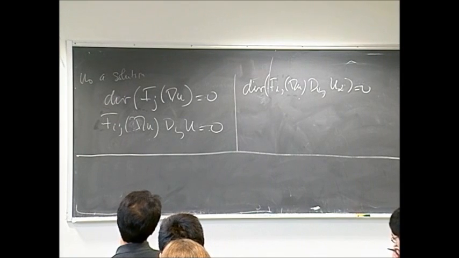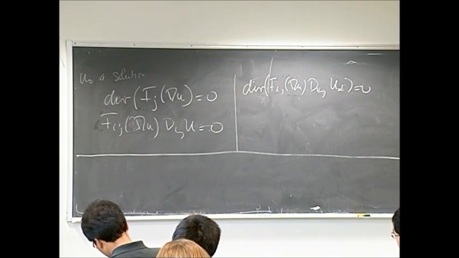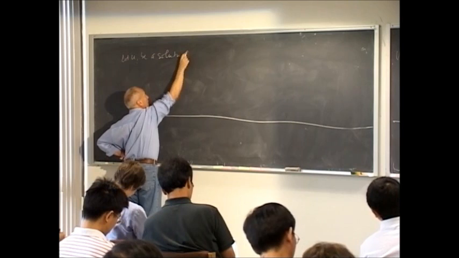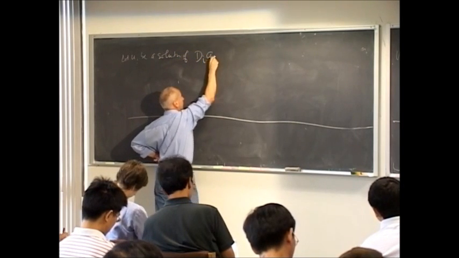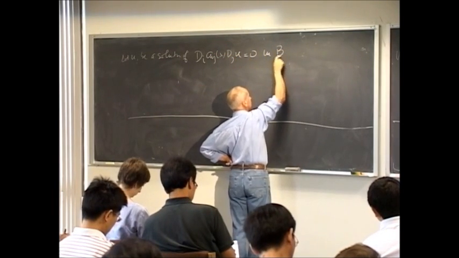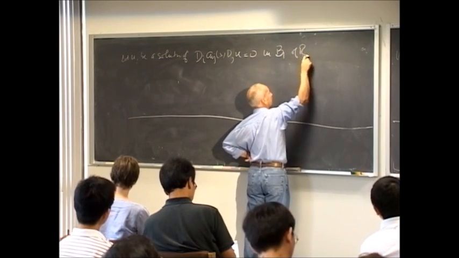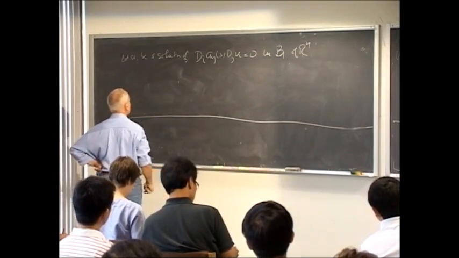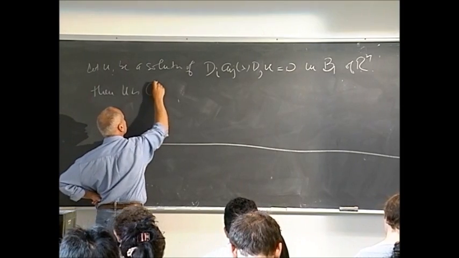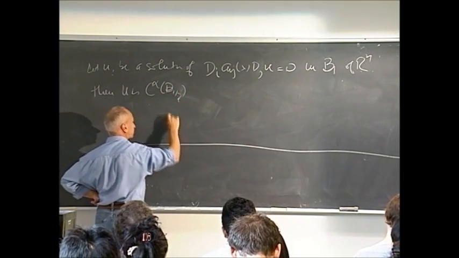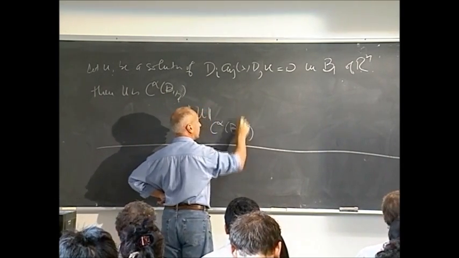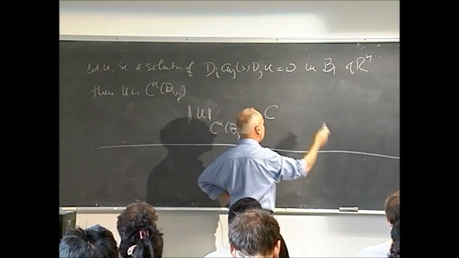It says that if you have a solution u, so let u be a solution of D_i(A_ij(x) D_j u) equal to 0 in B_1 of R^n, then u is C^alpha in B_{1/2}, and the C^alpha norm of u in B_{1/2} is bounded by a constant that depends only on the ellipticity.